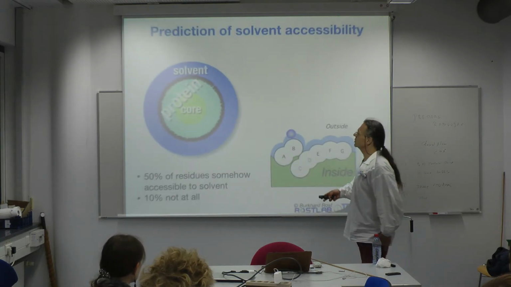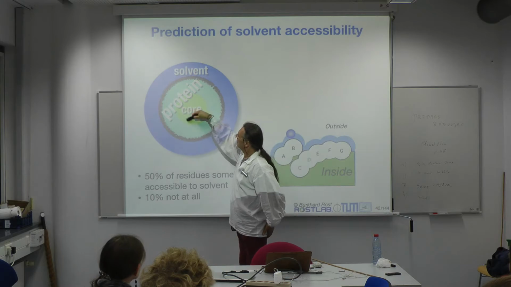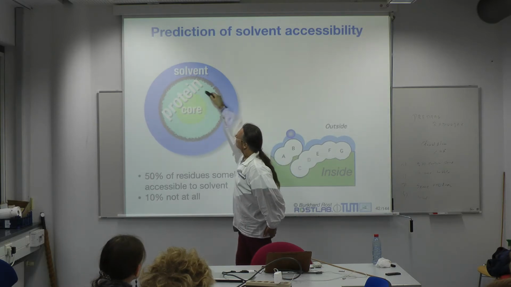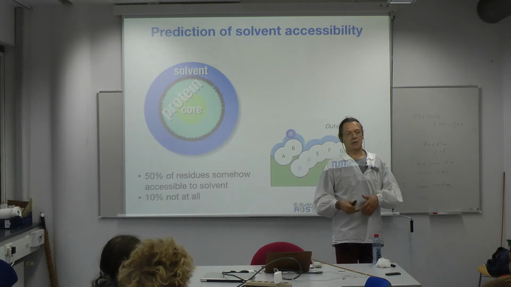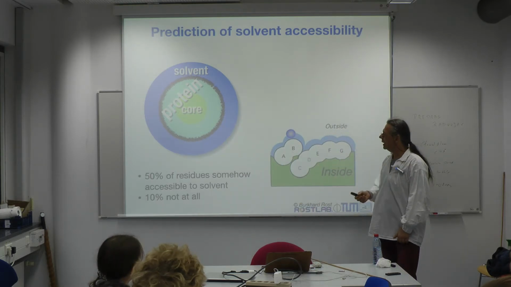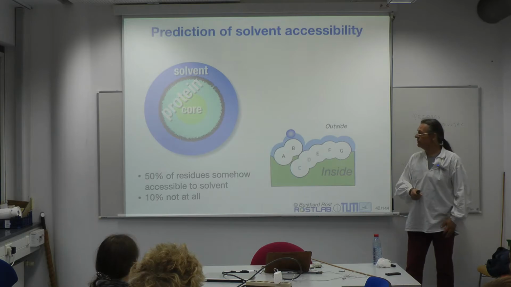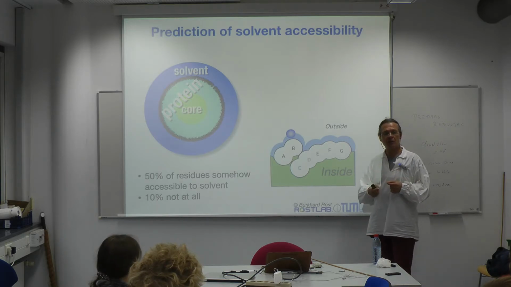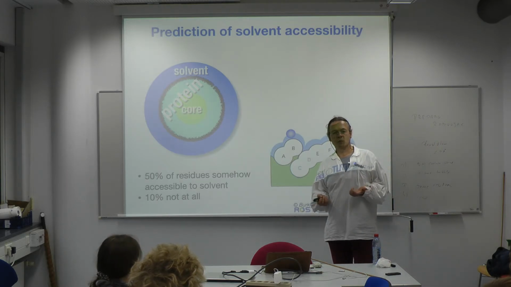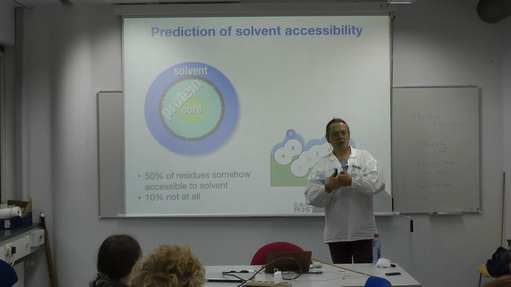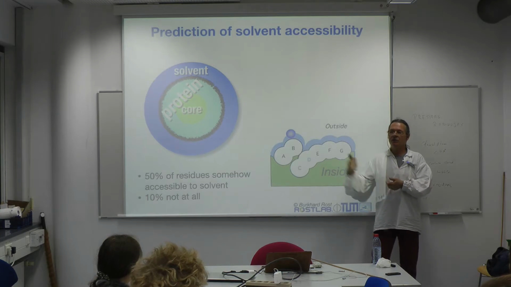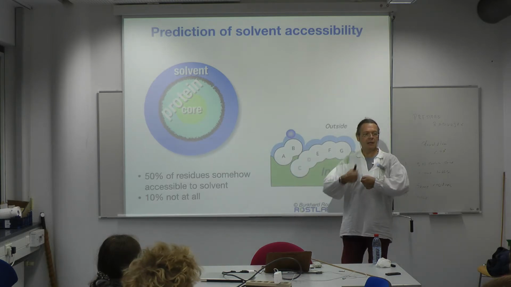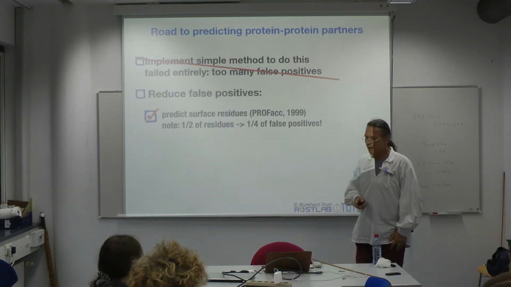So essentially I distinguish between the core and the outside. And in this image, let's say 50% of the residues are on the surface. By predicting this 50% on the surface, I can reduce the false positives by a factor of 4, as 1/4. Because I now only have to look on both sides at the 50% on the surface, which is 1/4 of all the possible sliding 9-mers, right?